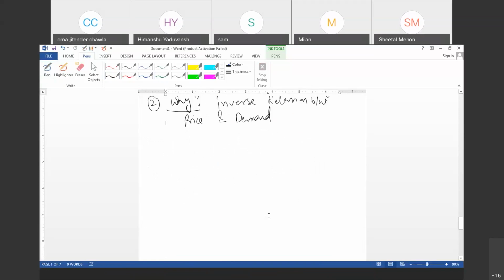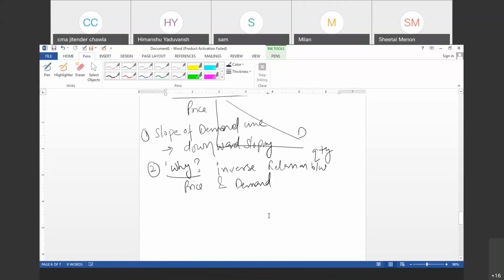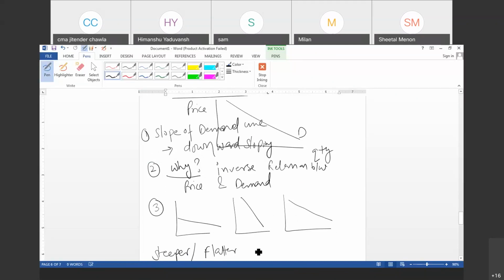Now I want to ask you a question. Look at the three figures: figure A, figure B, figure C. Which one is steeper, which one is flatter, which one is normal?